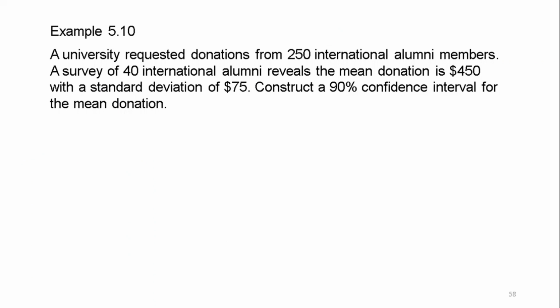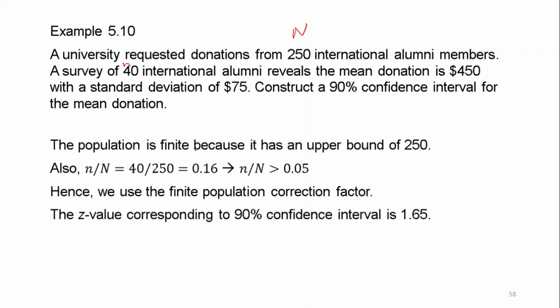A university requested donations from 250 international alumni members. A survey of 50 international alumni revealed the mean donation is 450. So our n is 40 and our capital N is 250. First you need to check whether the ratio is greater than 0.05.